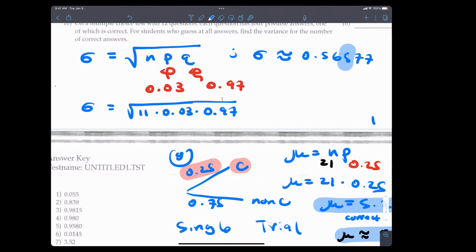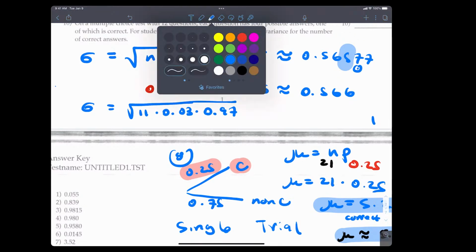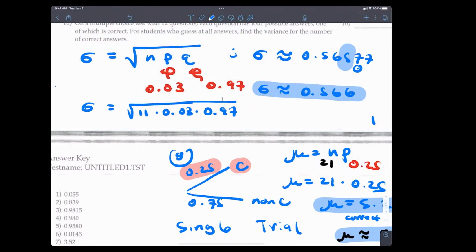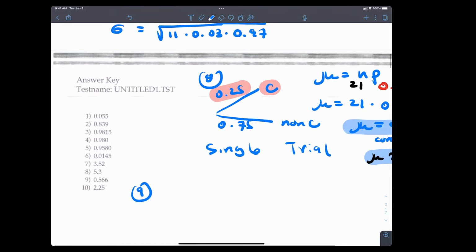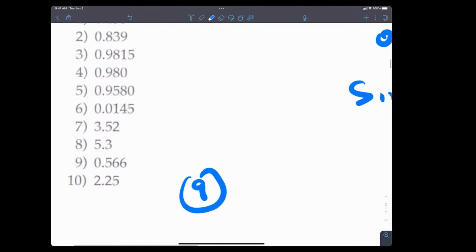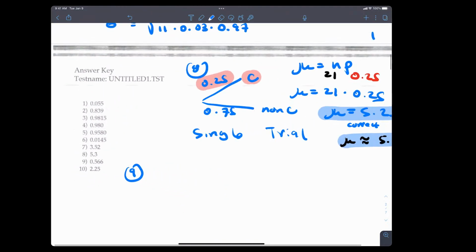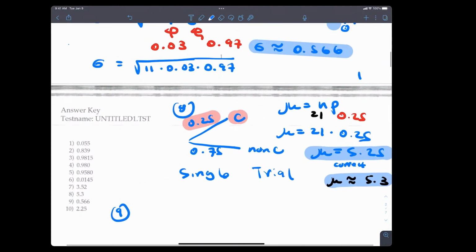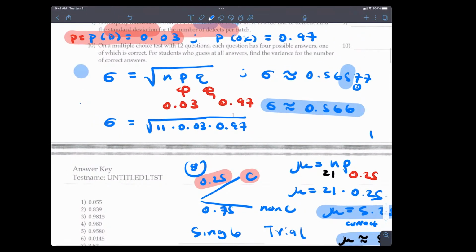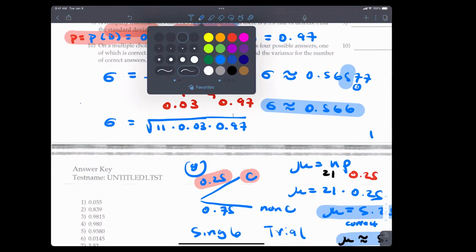Here's my thousandths position. Look at the digit to the right. It's a 7. Standard deviation is 0.56. That 7 says add 1 to the 5, and sure enough, you get 6. So sure enough, ladies and gentlemen, this is exactly what we got in number 9 right in here. 0.566. There we go.